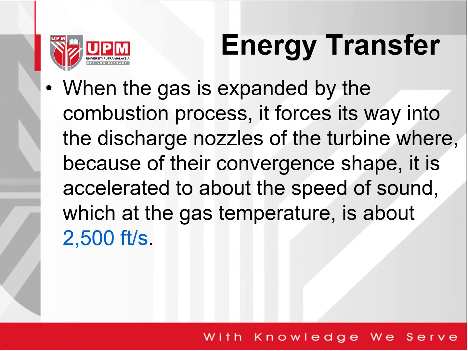When the gas is expanded by the combustion process, it forces its way into the discharge nozzles. The first stage of the turbine is the nozzle guide vane. Because of their convergent shape, the gas is accelerated to about the speed of sound. So basically, the gas will enter at a speed of around 2,500 feet per second.